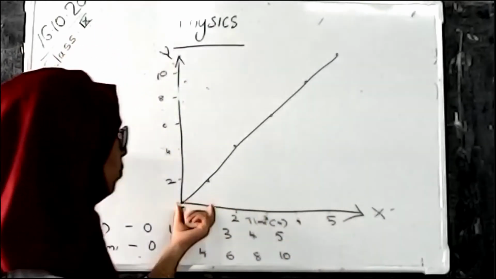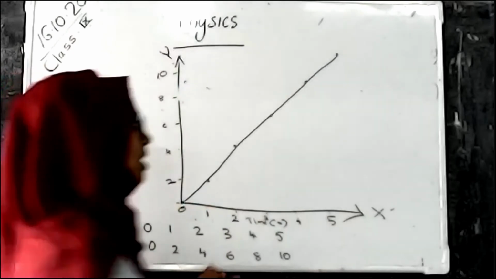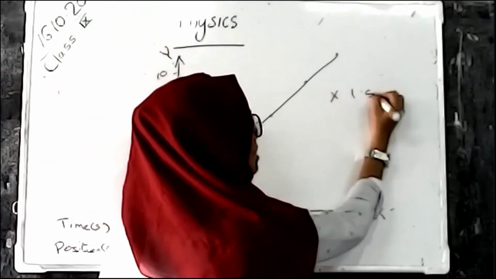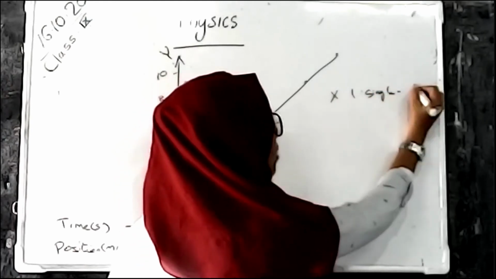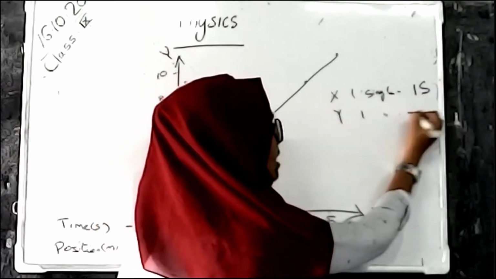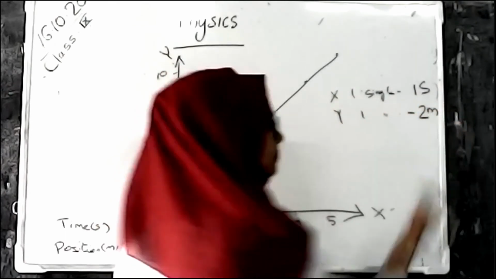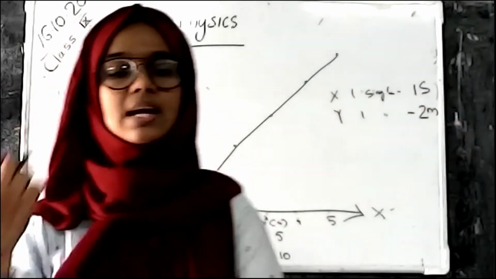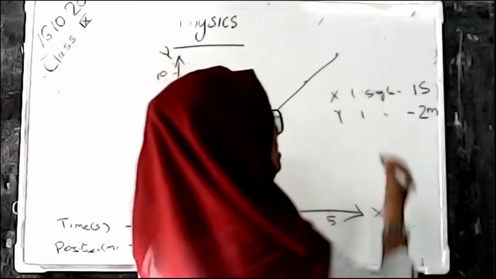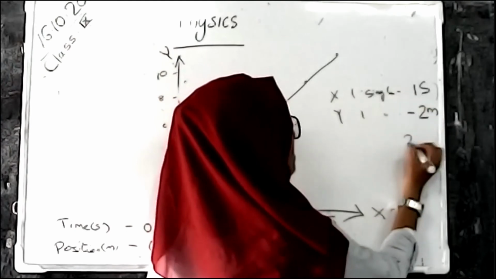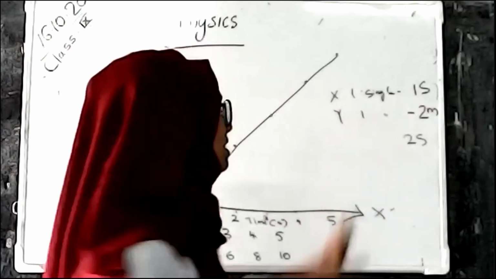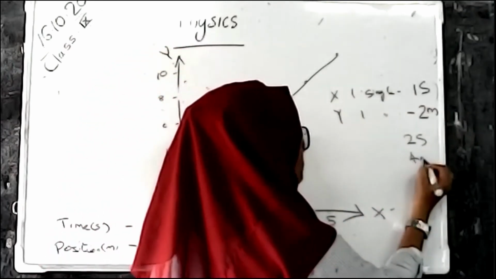Here we used one unit as 1 second on the x-axis and one unit as 2 meters on the y-axis. But when we draw another graph, we use one unit as 2 seconds, and one unit on the y-axis as 4 meters.